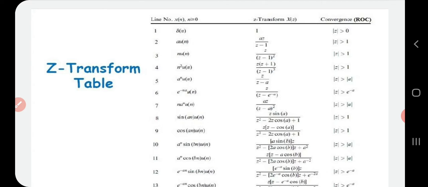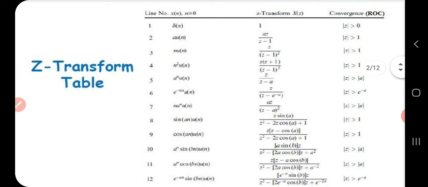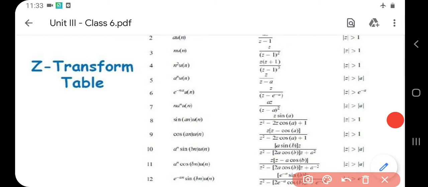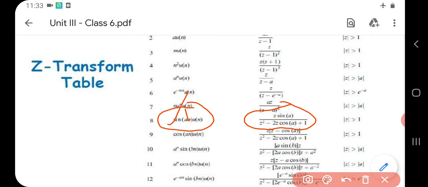You will be asked to find the Z transform of some sequences like this, where instead of a they will give a number. If the given question is of this pattern, then definitely you can write your answer in this form. In place of a, you can substitute the value provided in the question.